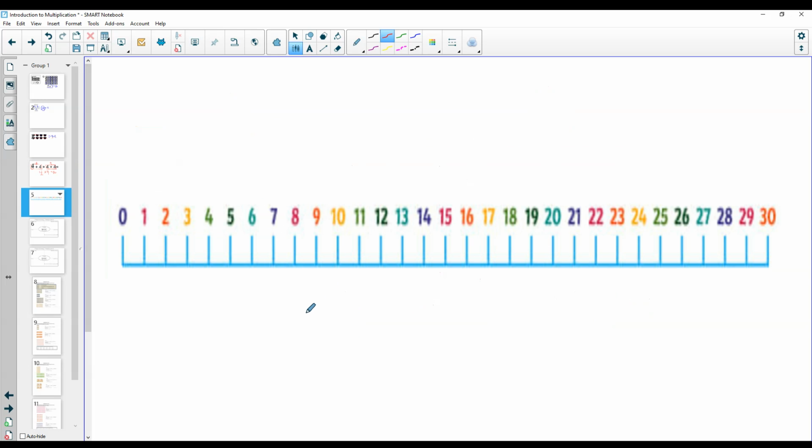The other way we can show multiplication is we can show it on a number line. So let's say we were doing 5 times 3. We could jump by 5. 5, 10, 15. This shows 5 times 3. Now we could also go by 3s.